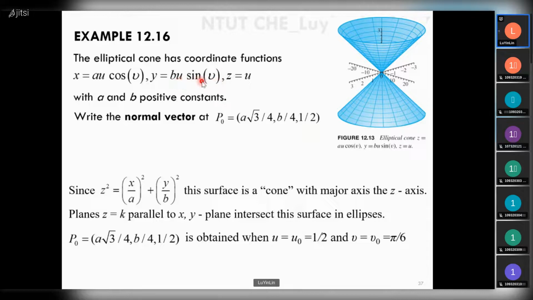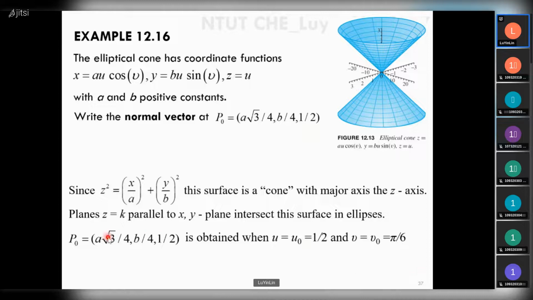So U sine V is 1 over 4. U is equal to 1 over 2, so sine V is 1 over 2. So V is pi over 6. You can calculate by yourself.